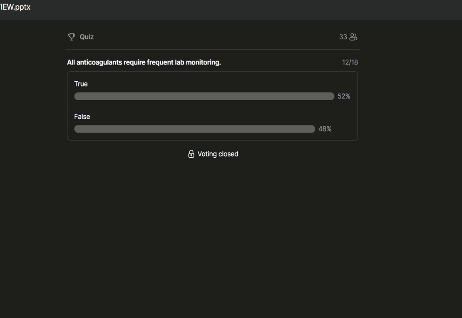Do they have to come in frequently to have a specific lab drawn? No. My patient's on heparin. Do I have to watch a specific lab closely? Yes. I started my patient on warfarin. Are they going to have a specific lab drawn daily and weekly for a while? Yes. Do all anticoagulants require frequent monitoring? No, they do not. Know which ones do and which ones don't.